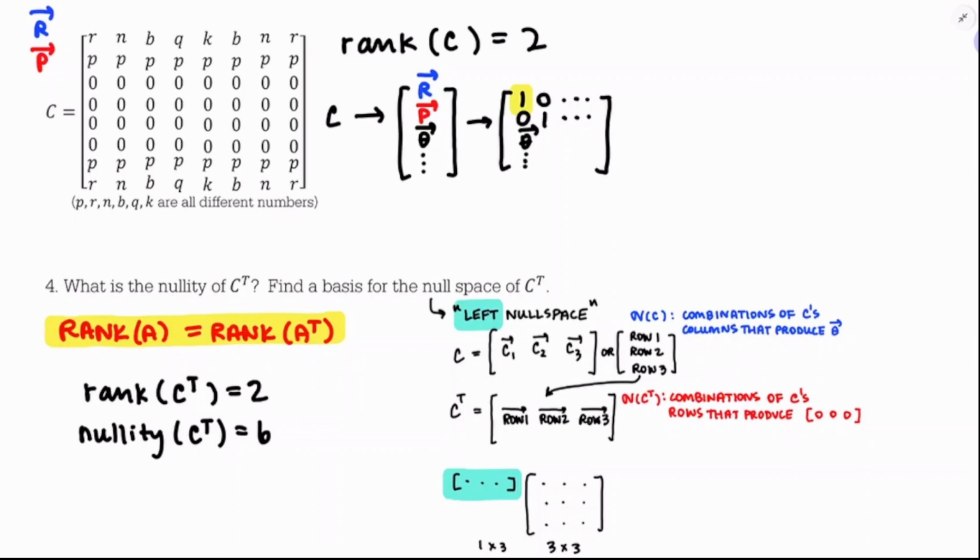So I'm going to do a little list: 0 of the first row, 0 of the second row, 1 of row 3, none of the rest of the rows, 4, 5, 6, 7, 8. That's a combination of the rows of C that will give me a 0 row. So I'm going to write that out: 0, 0, 1, 0, 0, 0, 0, 0.